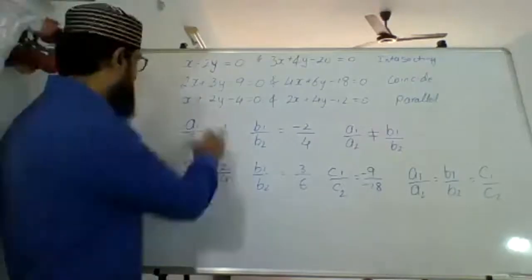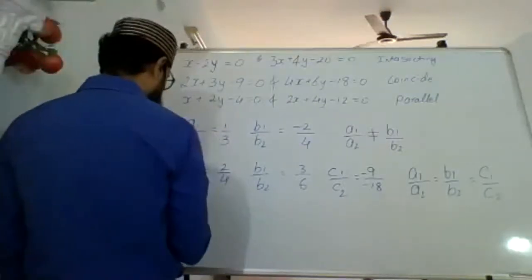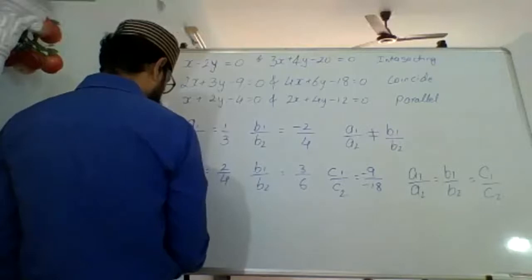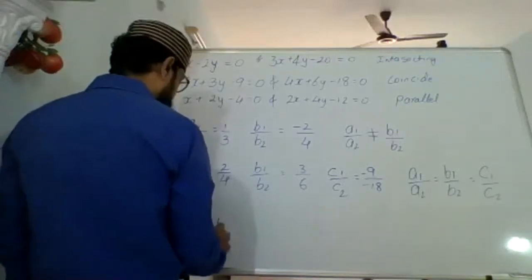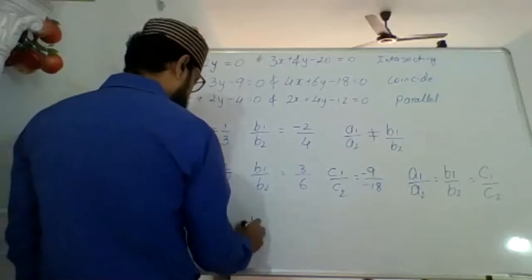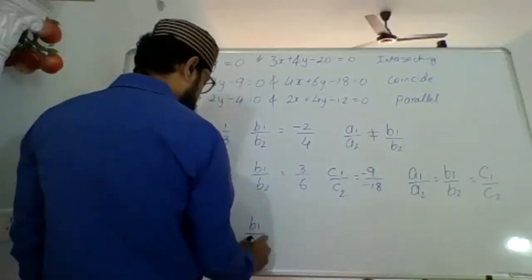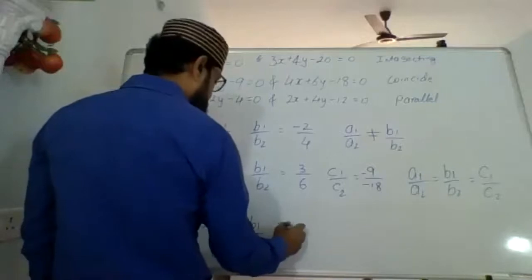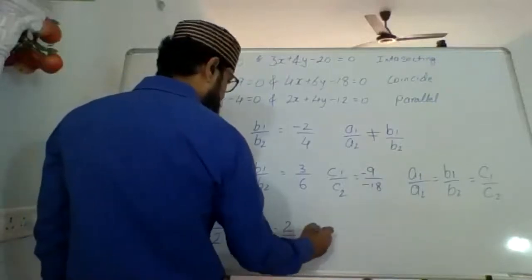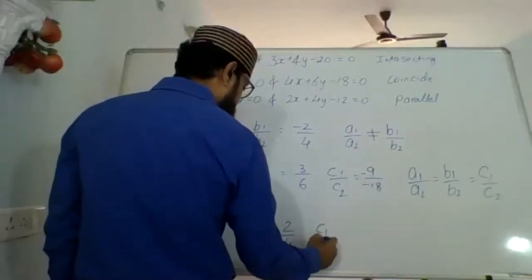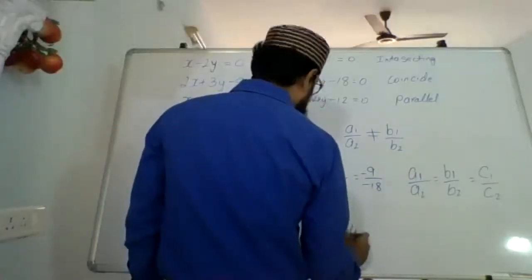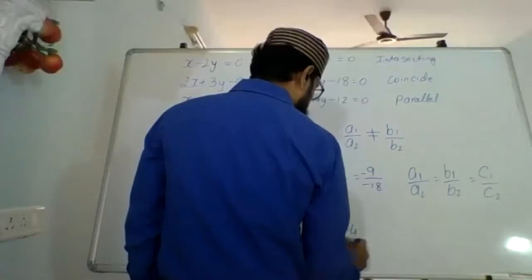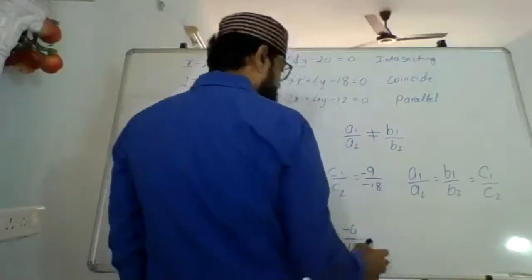And the last case that we saw, a1 upon a2 equals 1 upon 2, b1 upon b2 equals 2 upon 4, which is 1 upon 2, and c1 upon c2 is minus 4 upon minus 12, which is 1 upon 3.